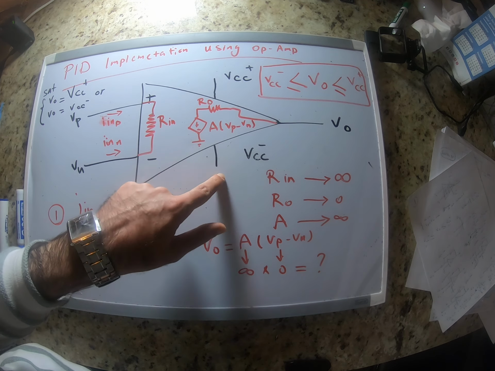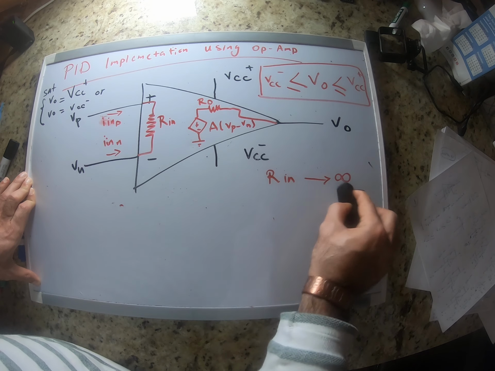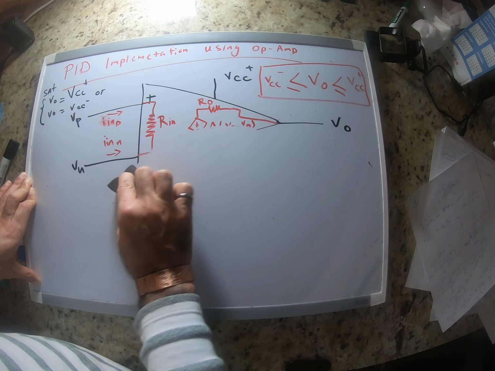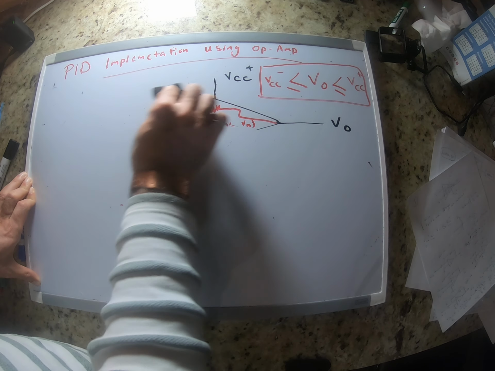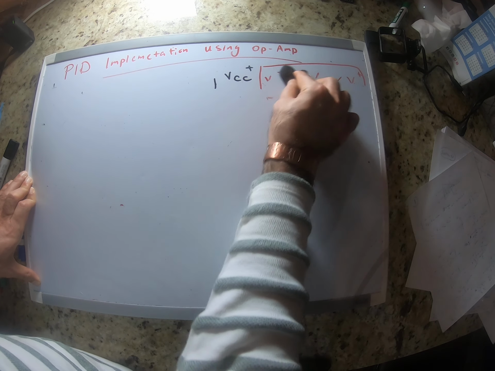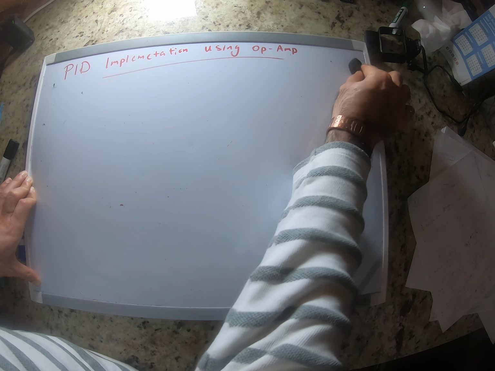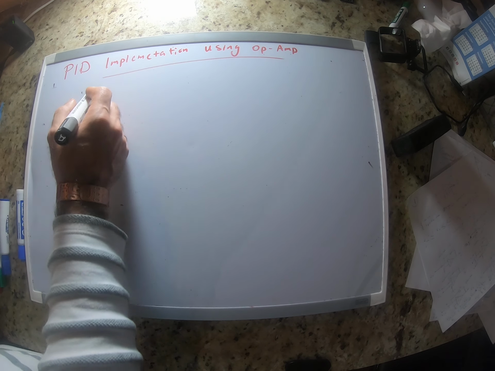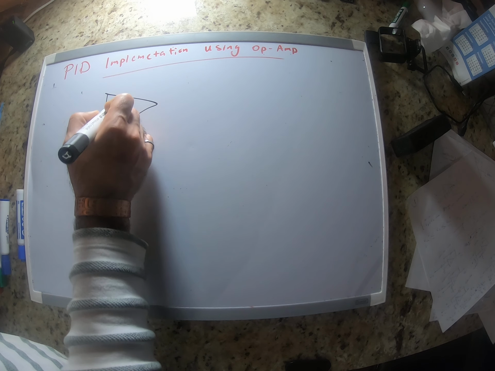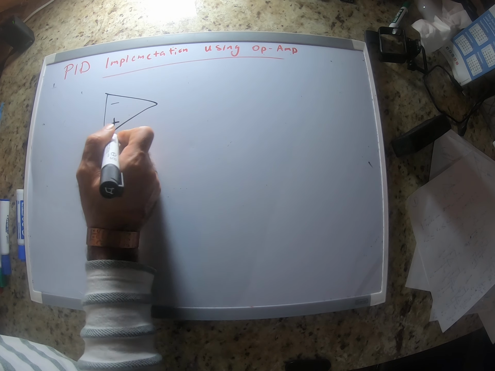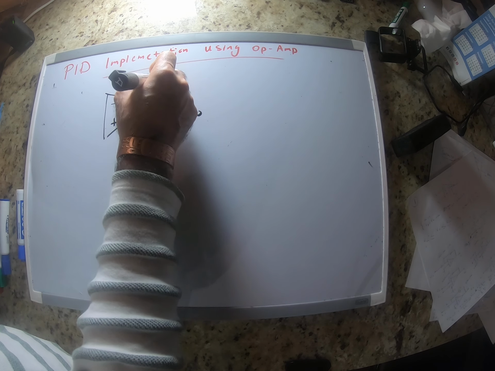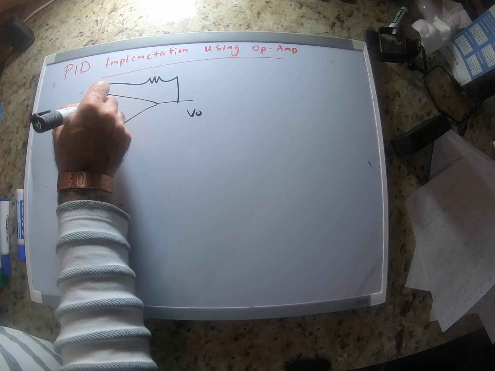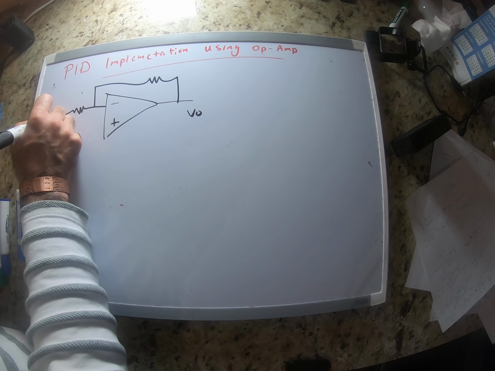Now let's see some of the circuits that you already saw in your previous courses. Let's first start with the amplifier. So in this circuit, we have the negative input, positive input, and VO, and we have a negative feedback here.